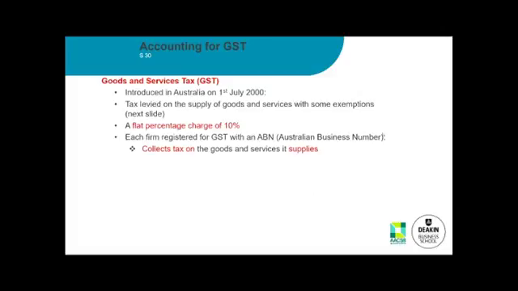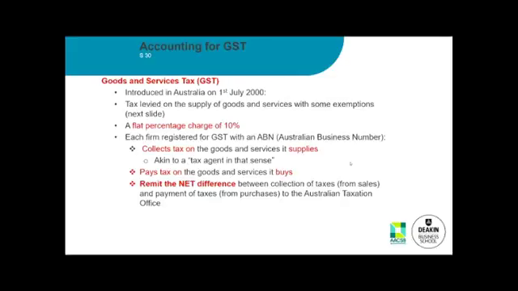So it's taxed on the end user, so it's the consumer that really pays the GST, even though each person along the channel pays the GST, but they get a credit for it when they on-sell it to someone else. So we said that the net difference gets remitted to the ATO on a quarterly basis, or sometimes they might elect to do it monthly even.